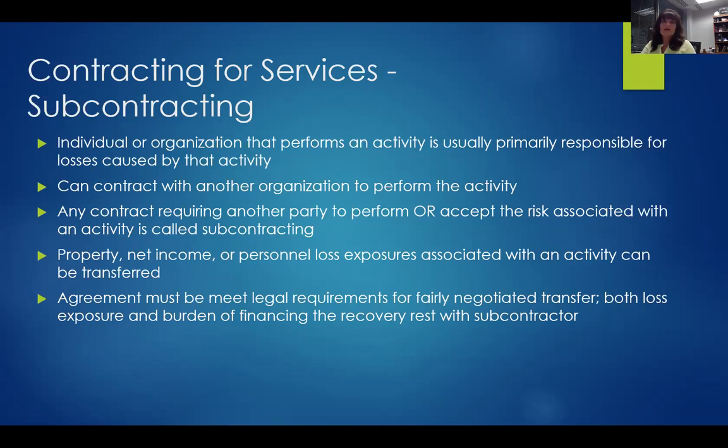However, you can contract with another organization to perform that activity. Instead of using your own employees, you could hire a third party who would actually manage the work on a day-to-day level. If something goes wrong in the work that they're doing, then that third party subcontractor would actually have some responsibility. Any contract requiring another party to perform or accept risks associated with an activity is called subcontracting.